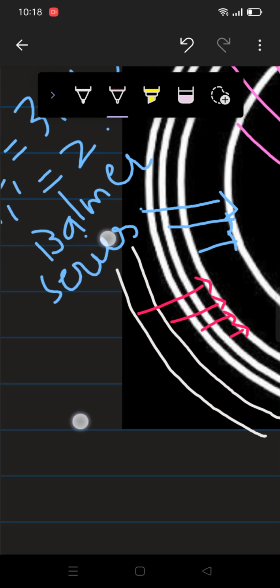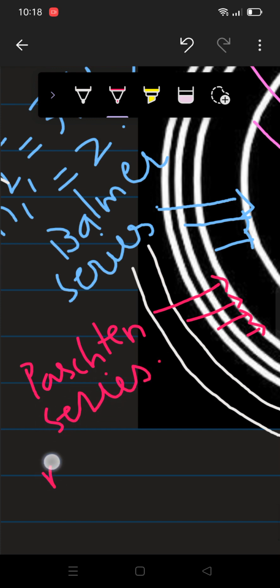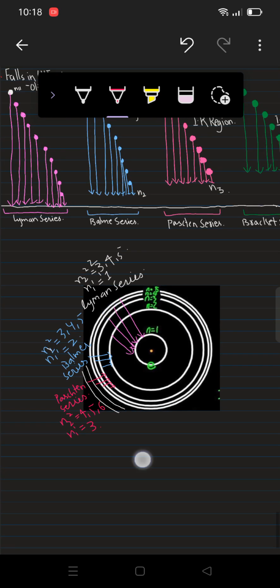The series we get here is the Paschen series. Here n2 can be 4, 5, 6, but n1, where the electrons fall, would be n3.